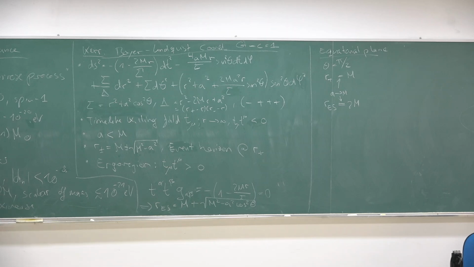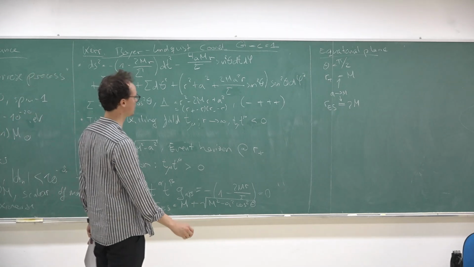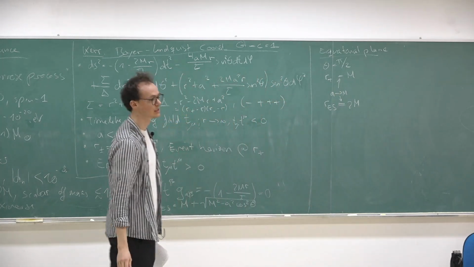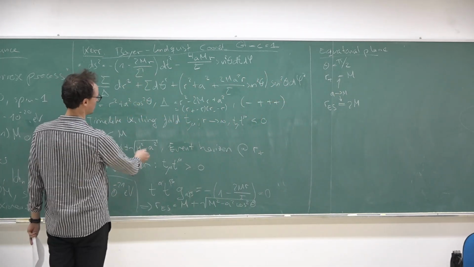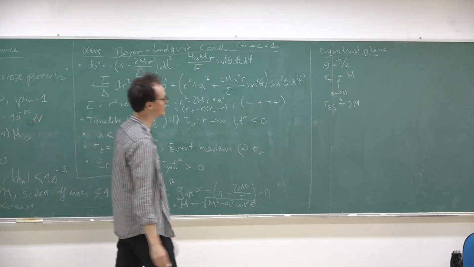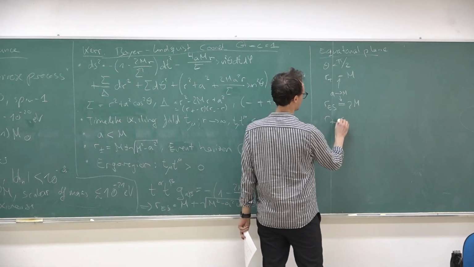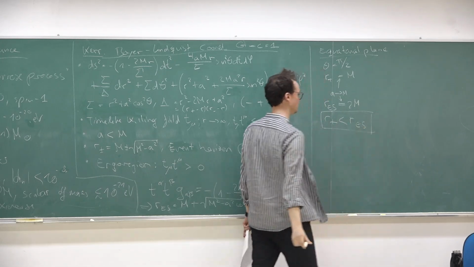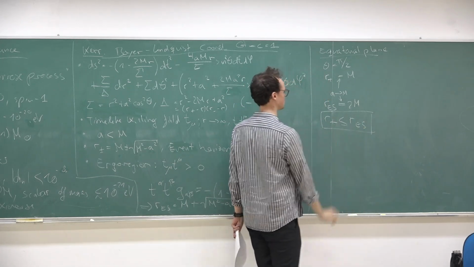Oh, it's just an example. It's easiest to see there because the numbers are integers of M. Anything in between will be this expression that's hard to look at. But the main point here is that r plus is smaller than r at the ergo surface.